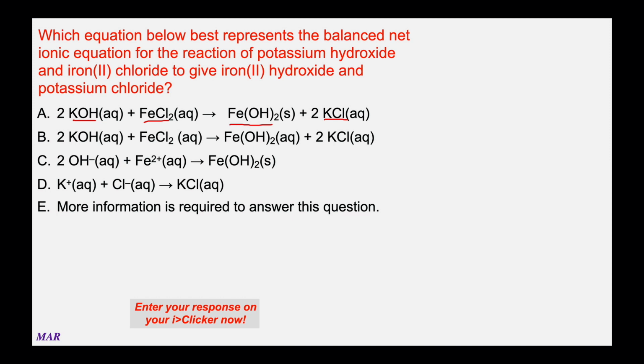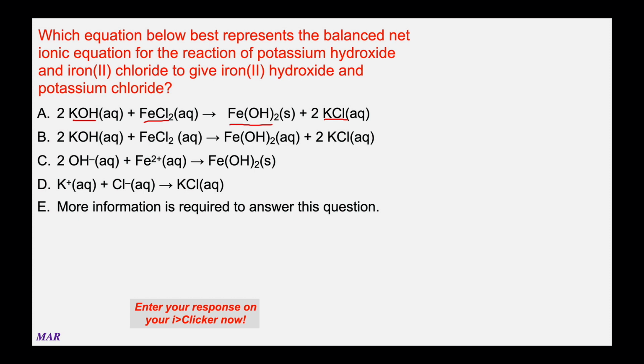But Fe(OH)₂: hydroxide is another one of these big negative polyatomic ions, and usually those are insoluble unless they're with sodium, potassium, whatever. Iron is not one of those, so Fe(OH)₂ should be a solid. So answer A is the balanced molecular equation for this reaction, and that's totally cool.